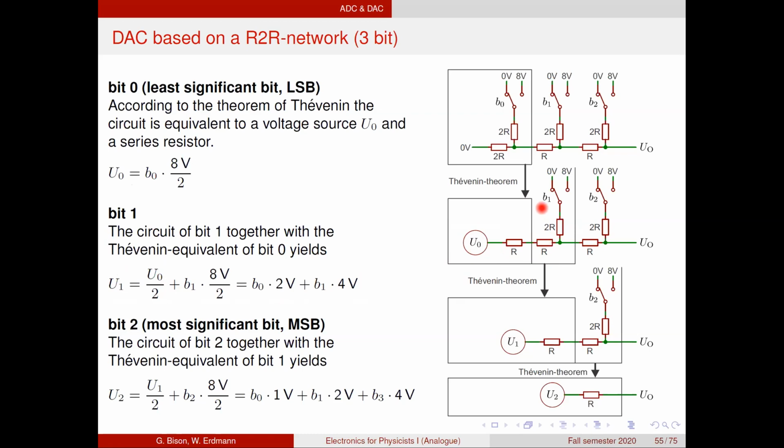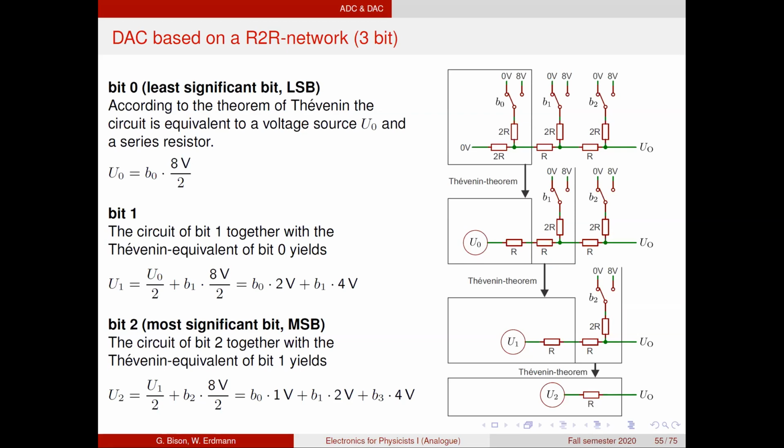And then what happens if we have an 8 volt signal here and ground here? Then we divide down the 8 volts and we get bit 1 times 8 volts over 2. What I've used here is the superposition method of analyzing a circuit. This was also something we had in one of the first lectures.